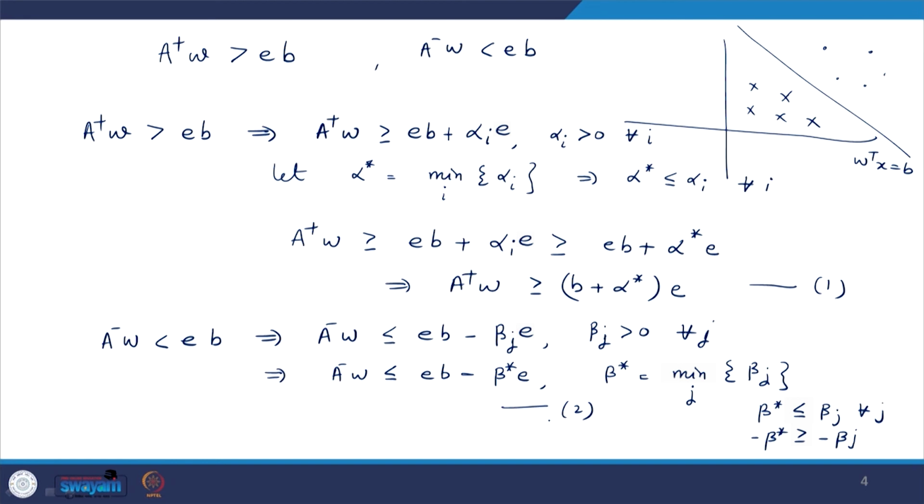This is the second expression, suppose 2. Now let gamma equal the minimum of alpha star and beta star. This implies gamma is less than or equal to alpha star, and gamma is also less than or equal to beta star.